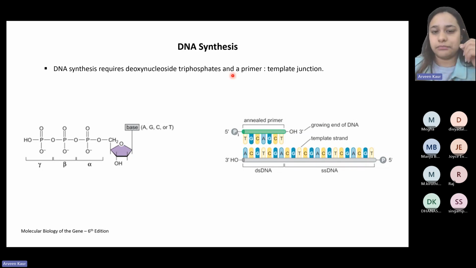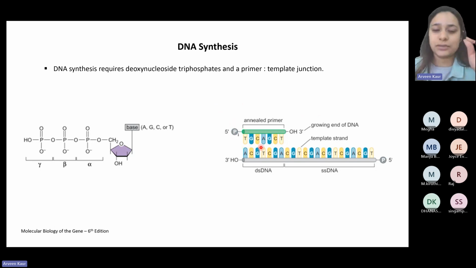Along with that, although the DNA polymerase can add these dNTPs, these deoxyribonucleotides, to a growing chain, right, that is how it can elongate the DNA, it cannot start de novo synthesis of a DNA chain, right? For that, we need a pre-made primer, right?